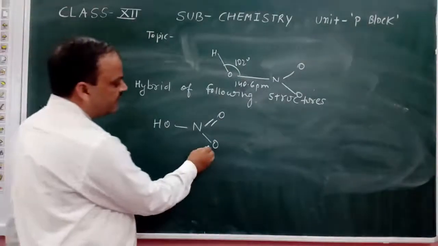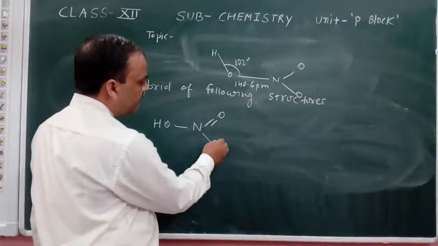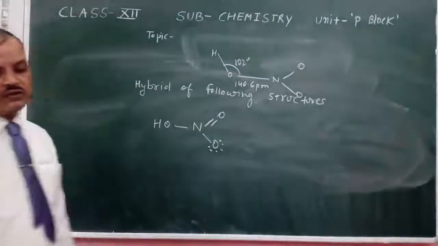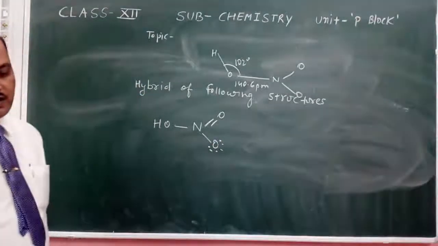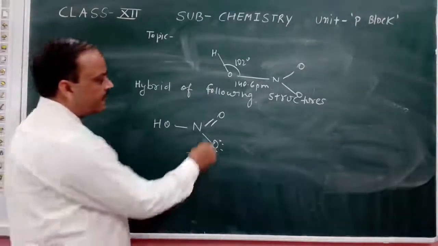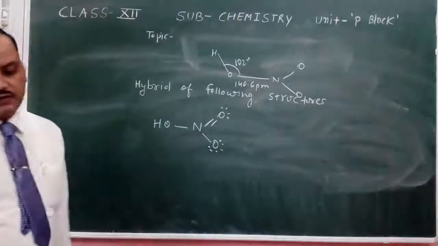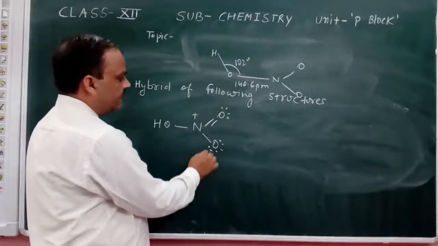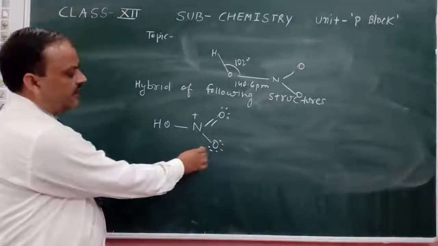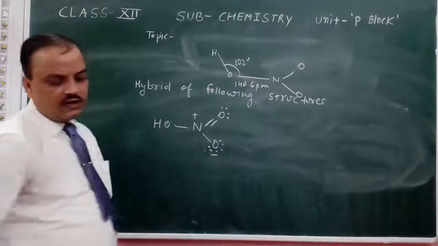You know that generally oxygen has 6 electrons in its valence shell, but here we have more than this. So this kind of charge is present in this particular structure.